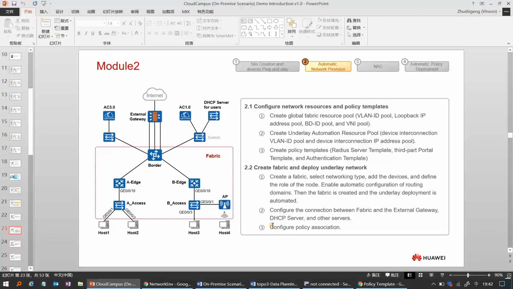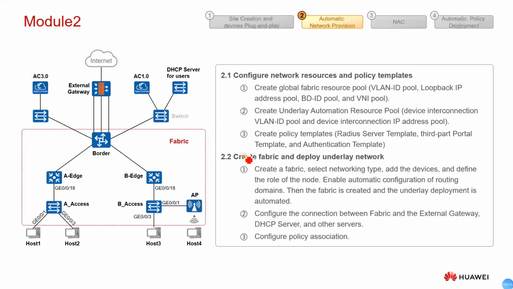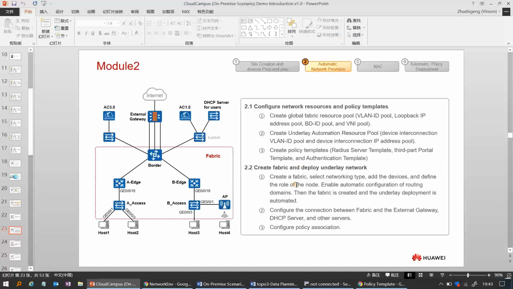So let's go to the second step. We are going to create a fabric and deploy the underlay network. For this one, we divide it into three sub-steps. The first one, I'm going to create a fabric.